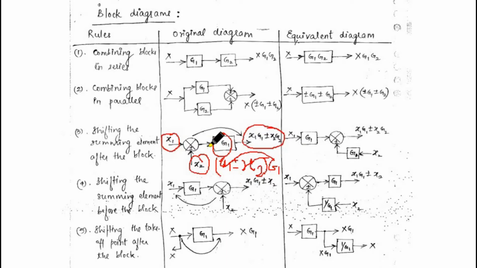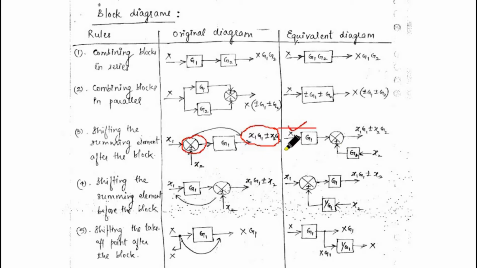What if I shift this summing point to this side? Then my final output should be equal to this one. Supposedly I am shifting x2, keeping x1 as it is, and the G1 system remains as it is. So at this point, just I will mark with another color.